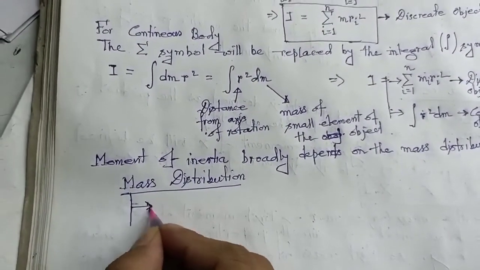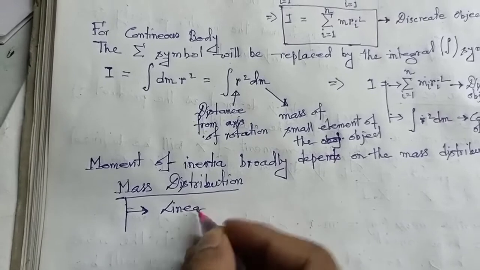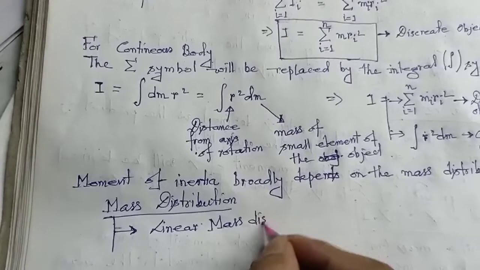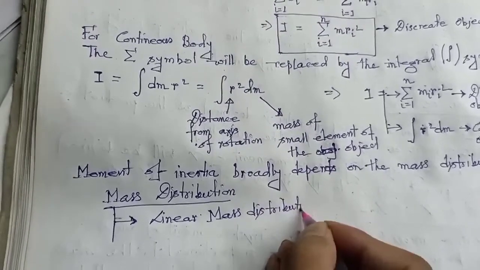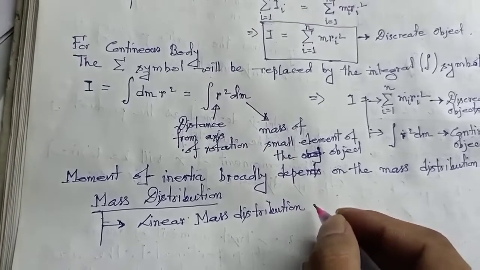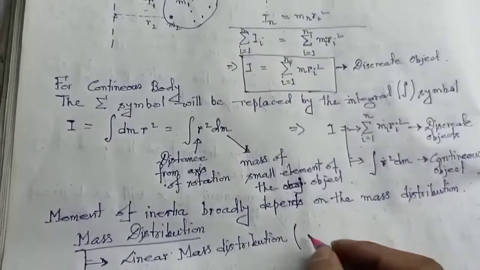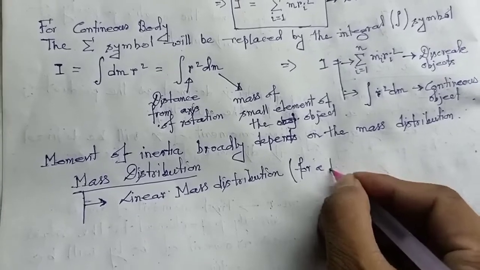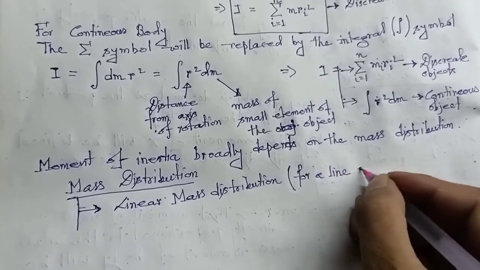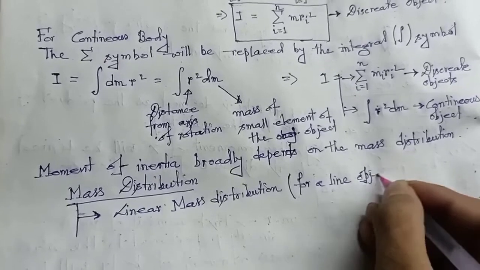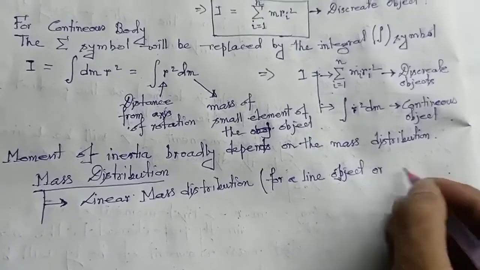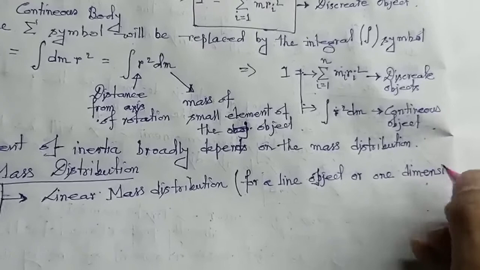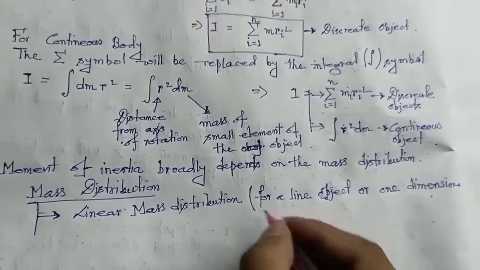First one is linear mass distribution. Linear mass distribution will happen for a line-type object, a line object, or one dimensional object.